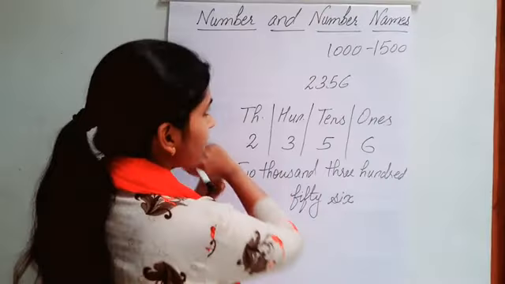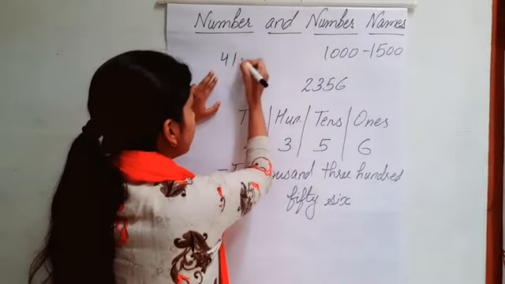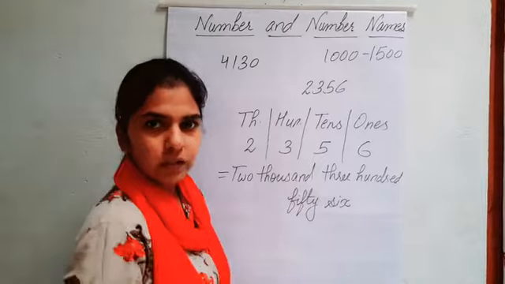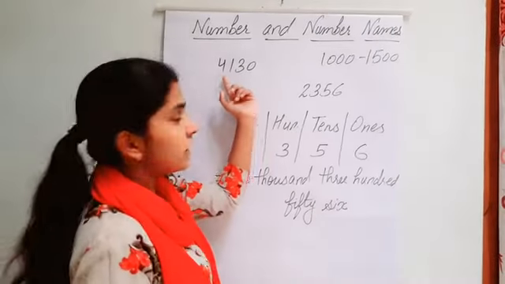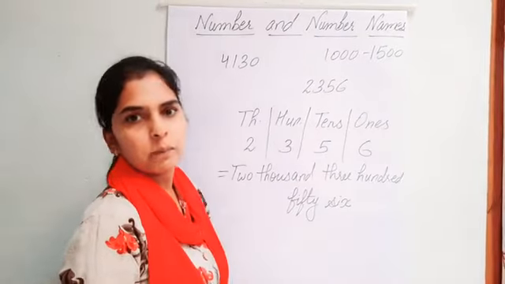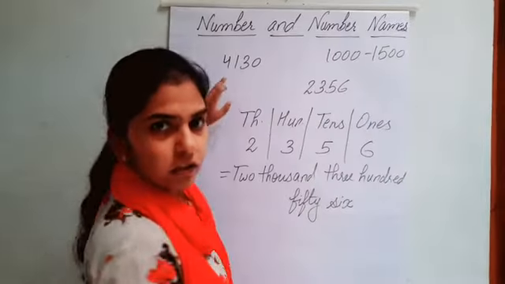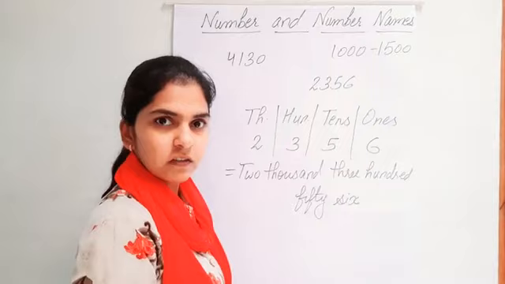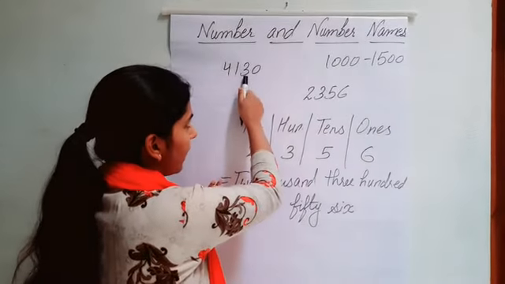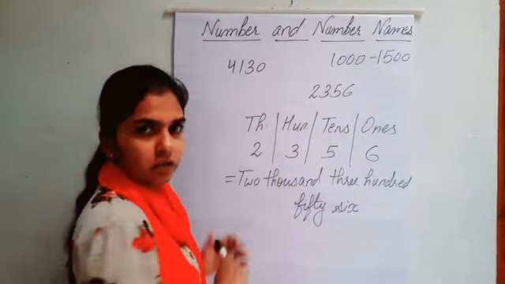So I am going to write one number. Now we will read this number without using the place value chart. Let's try this. There are 4 digits, right? Ones, tens, hundreds, thousands, right?